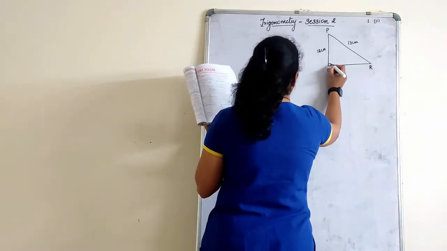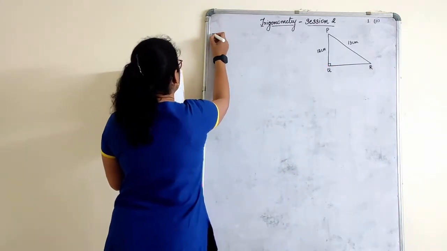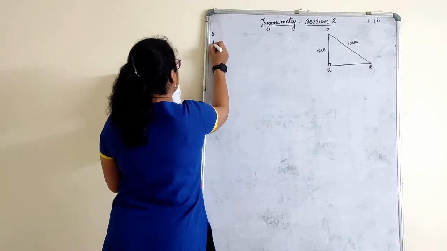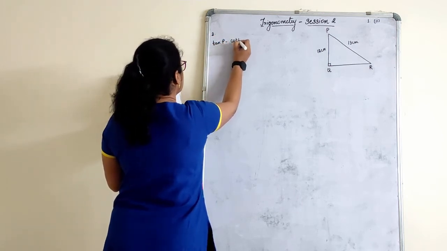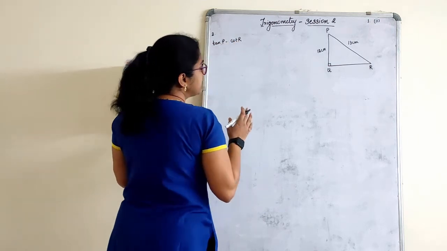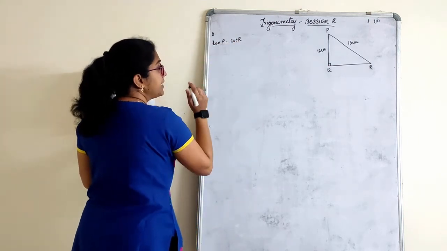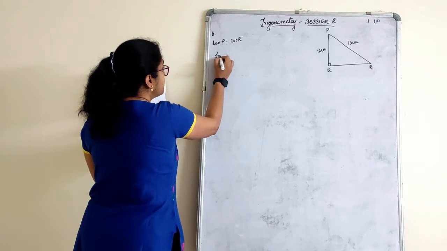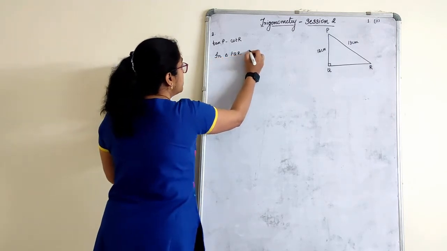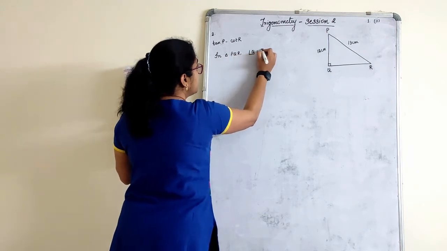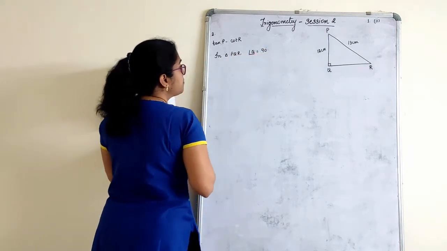Angle Q is right angle. So for the second one, we have to find tan P minus cot R. We'll see the R and P angles later. First we'll find the QR side. What is our rule? What we have to do? In triangle PQR, angle Q is equal to 90 degree.